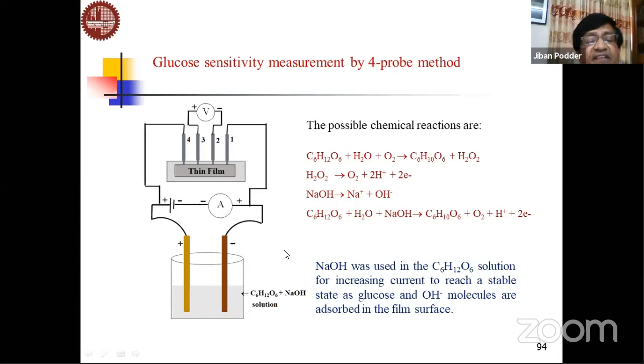There are two references we used here. The zinc is the anode, and the copper is the contact electrode for the anode and cathode. So these are the systems we measured.